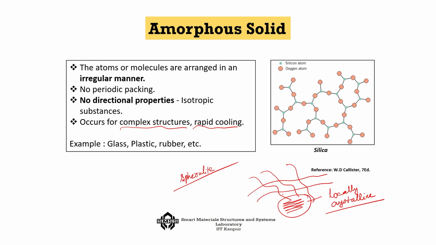So, now we have noted that there are different types of packing. There can be a single crystal system, there can be a polycrystalline system, and there can be an amorphous system.